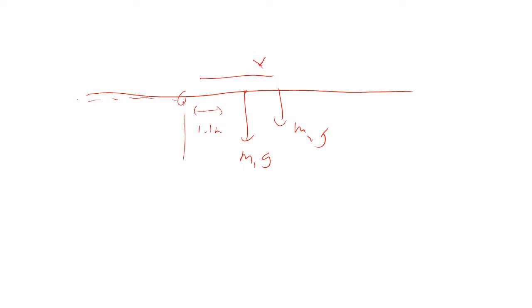That's also a clockwise torque. We've got the pile of bricks over here, pulling downwards with an M bricks G force right there. That's a distance of 1.2 meters this way, so that is going to be counterclockwise. So we have two clockwise and two counterclockwise.